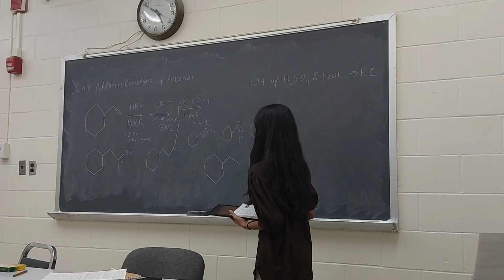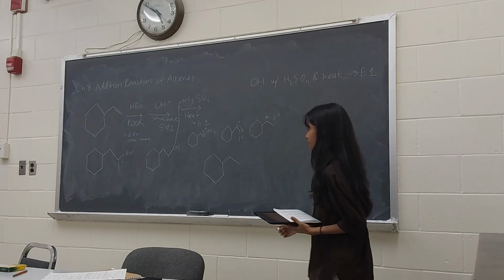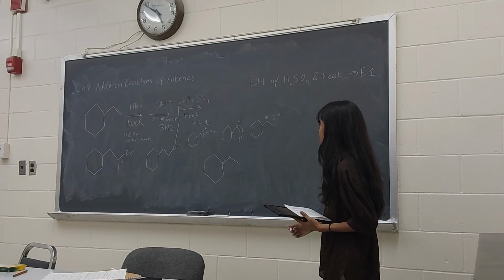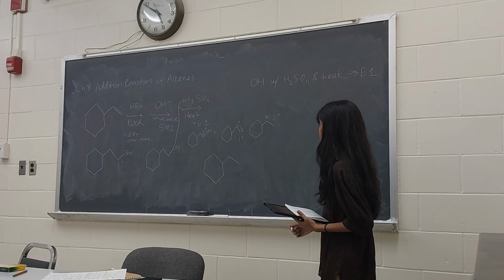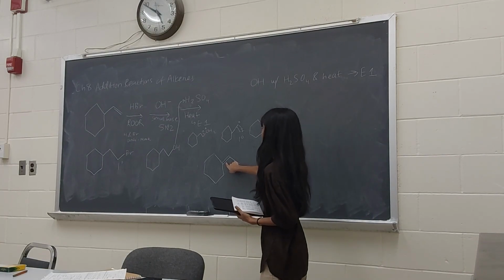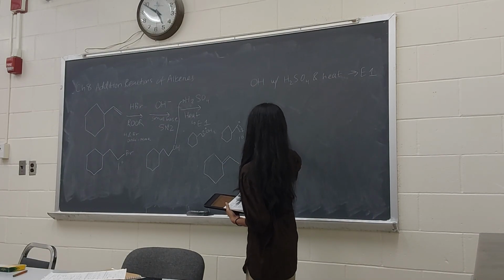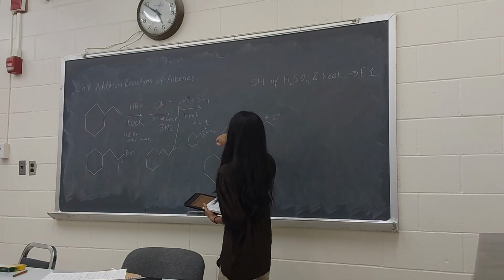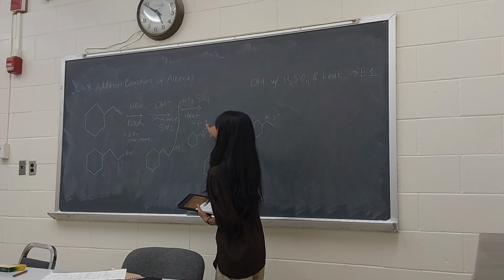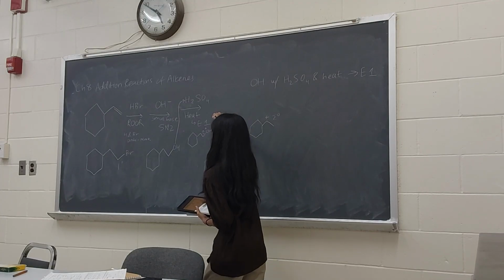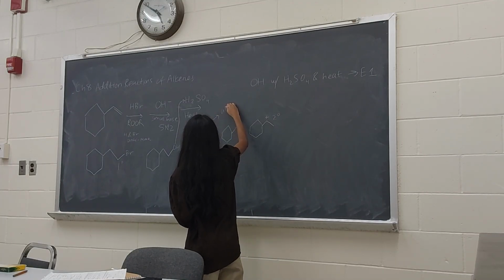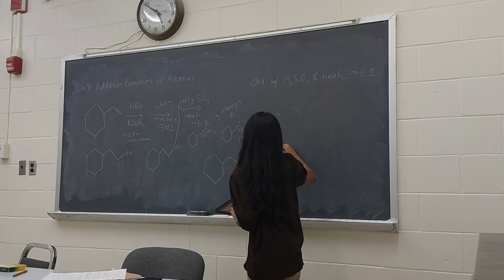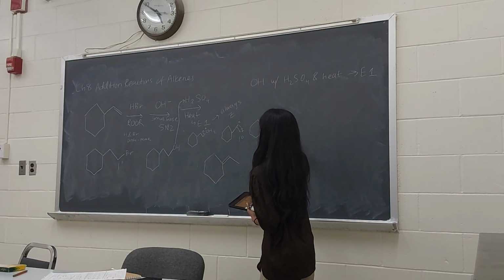Where'd you get that extra bond? We're forming an alkene because it's elimination, right? But we also know that E1 is always going to be Zaitsev, and it can either form here or here.